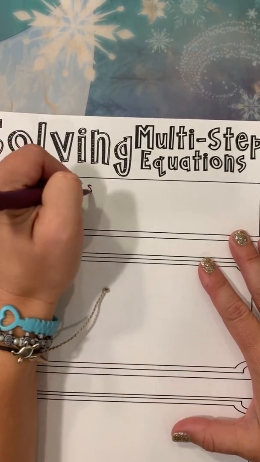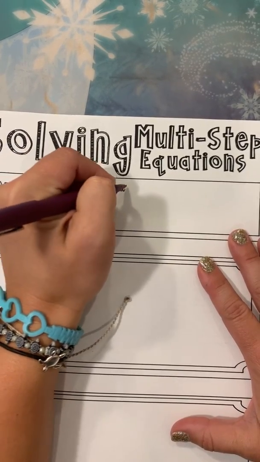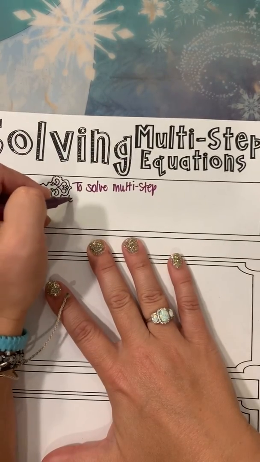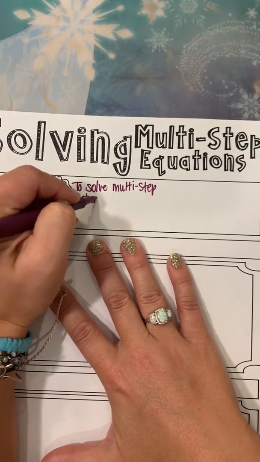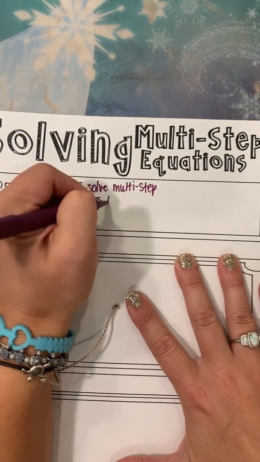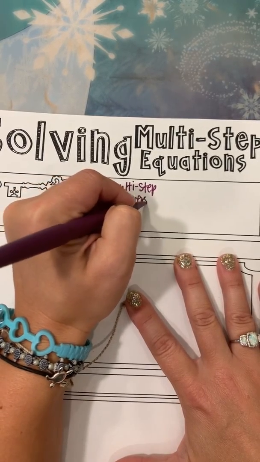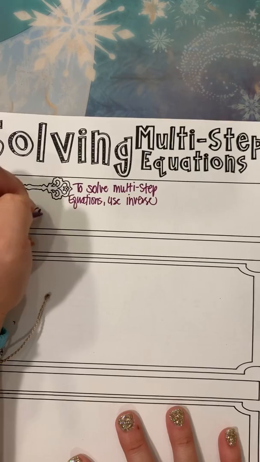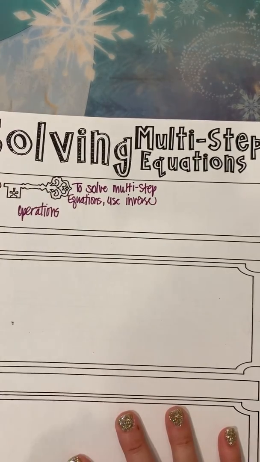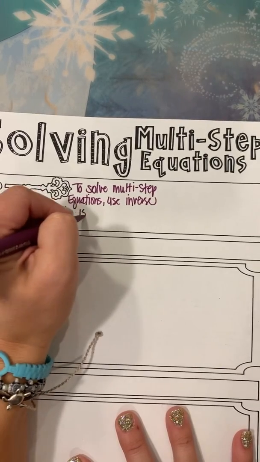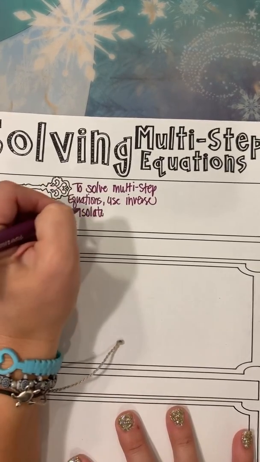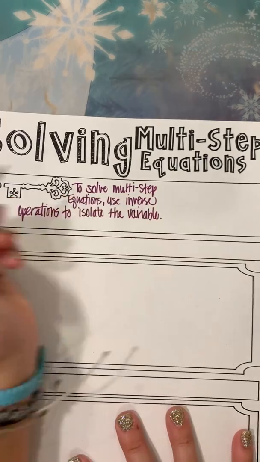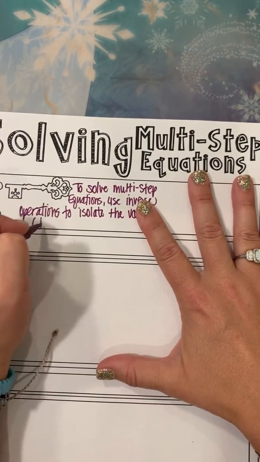To solve multi-step equations, use inverse operations to isolate the variable. And this is just like what we did in 1.1.